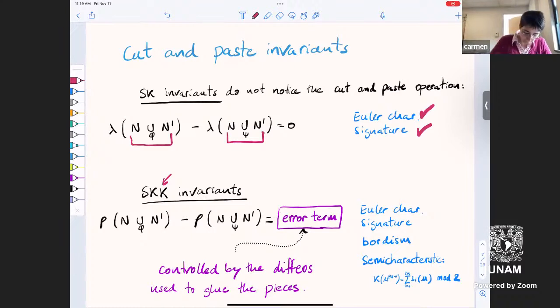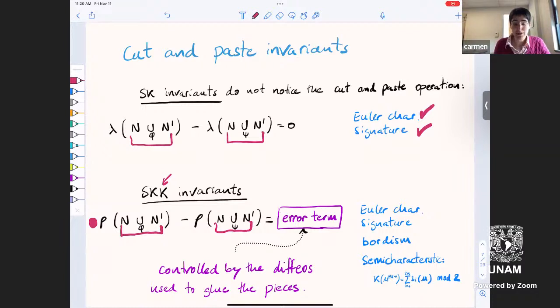This line right here, I think my pointer isn't quite working, which is why I keep drawing things on the slide. So this row is supposed to be an SKK invariant. So what does it do? It's again taking 2 cut and paste equivalent manifolds, and now you are evaluating this slightly more flexible notion of a cut and paste invariant, and what you're getting is not exactly 0, so you don't get exactly the same result, but you get a certain error term.